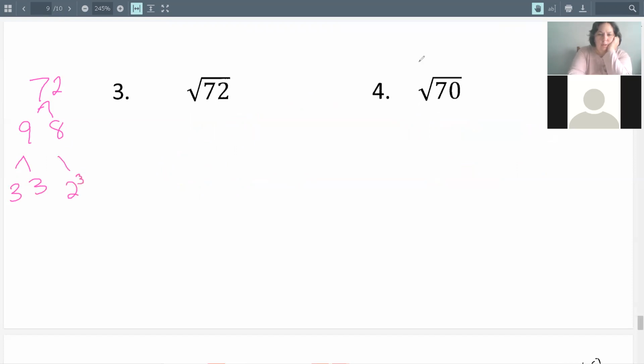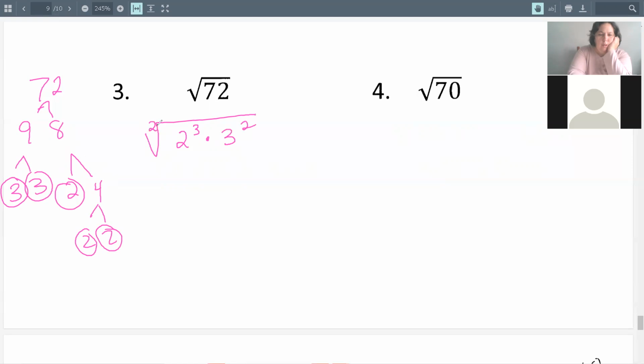I probably shouldn't make that leap. 8 is 2 times 4. And 4 is 2 squared. 1, 2, 3 2's. So another way to write 72 is 2 to the power of 3 times 3 squared.